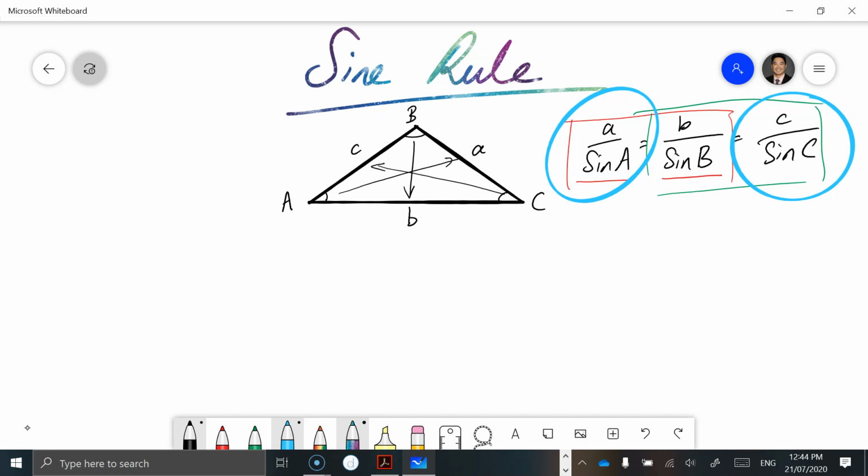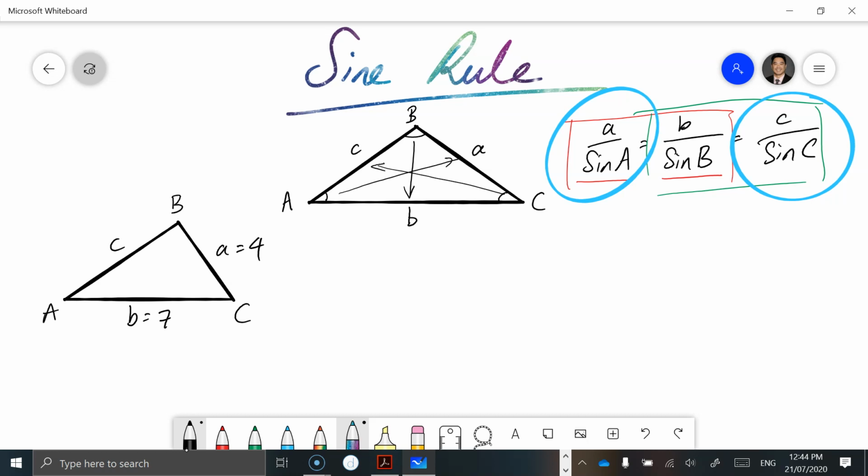Okay, so let's kick this off. We've got a triangle here, and I'm just going to label the vertices as per usual, so you're familiar with what's happening. Okay, so this one we'll call it 7. We'll say a is equal to 4.